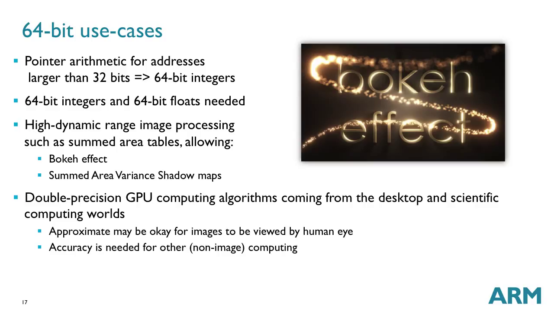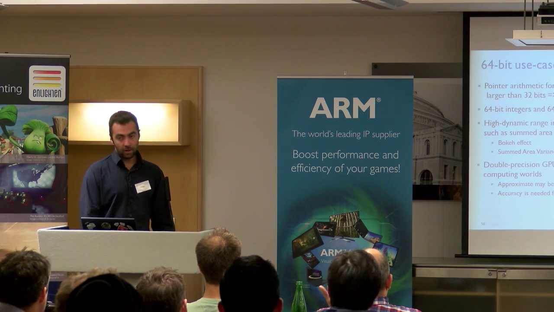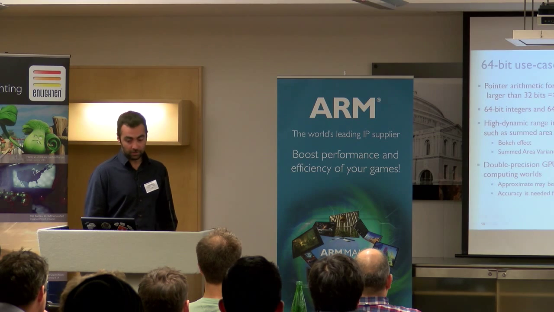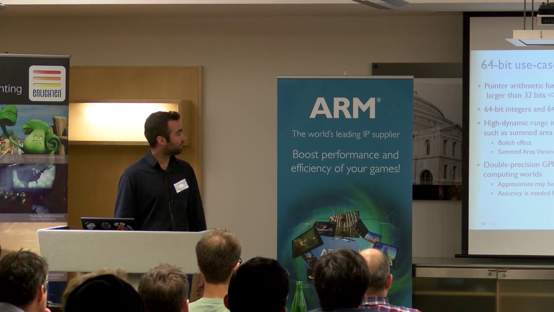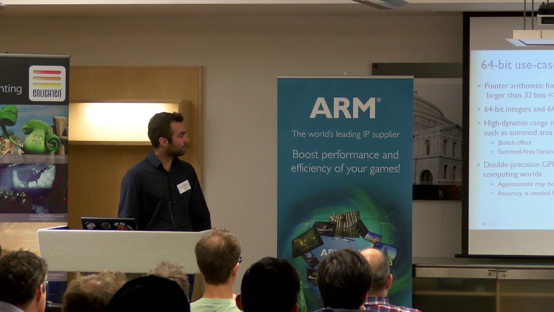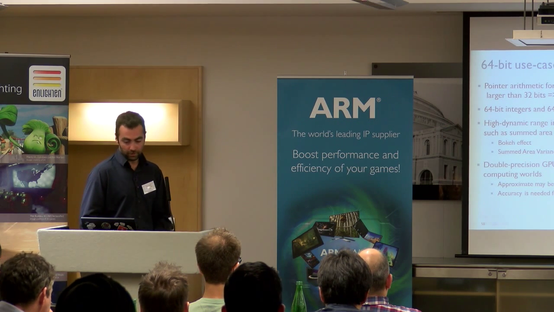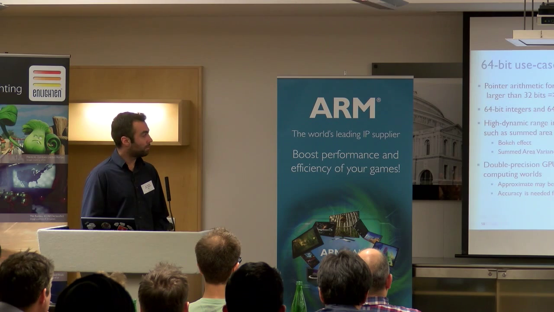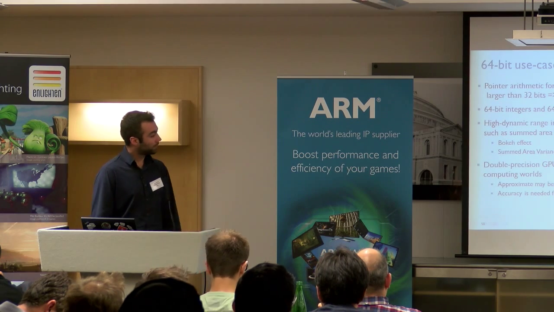So some further use cases for 64-bit is for processing pointers to addresses. So you need to have 64-bit integers in this case. Also for high dynamic range graphics processing, and for cool effects like the bokeh effect over here, where you can have this nice blurry lighting that is making the application look so much nicer, and also for some area variance shadow maps. 64-bit precision is really mandatory.